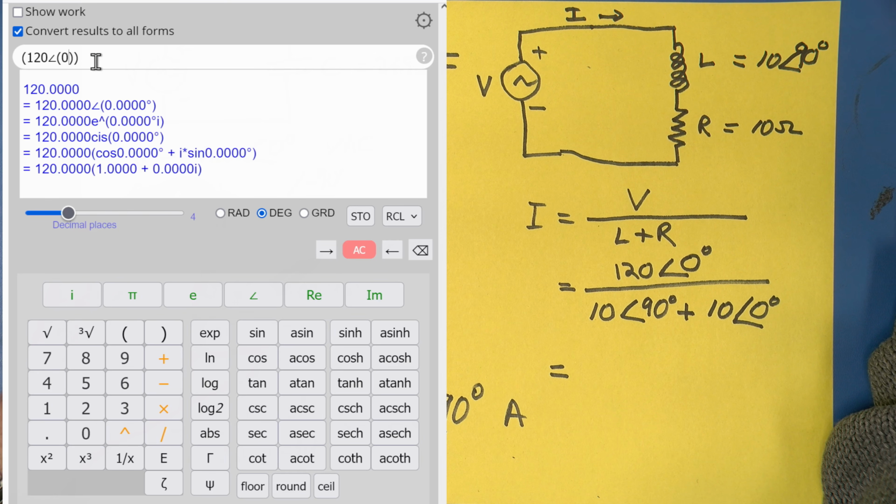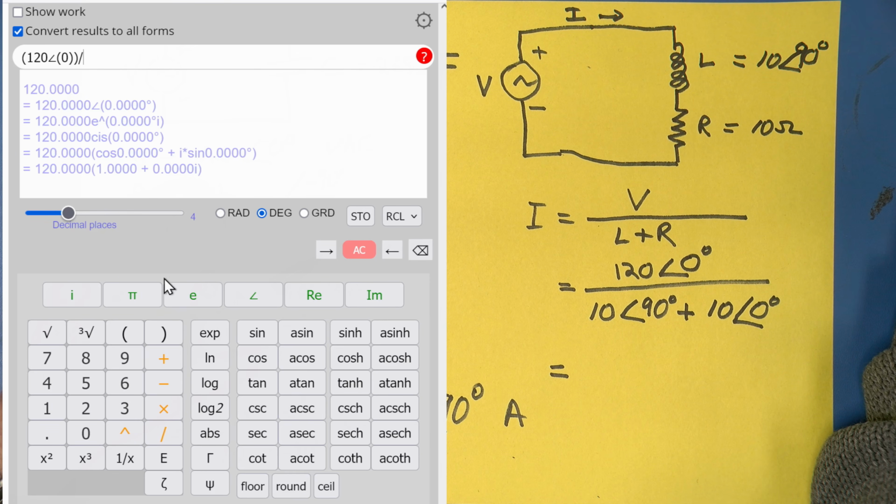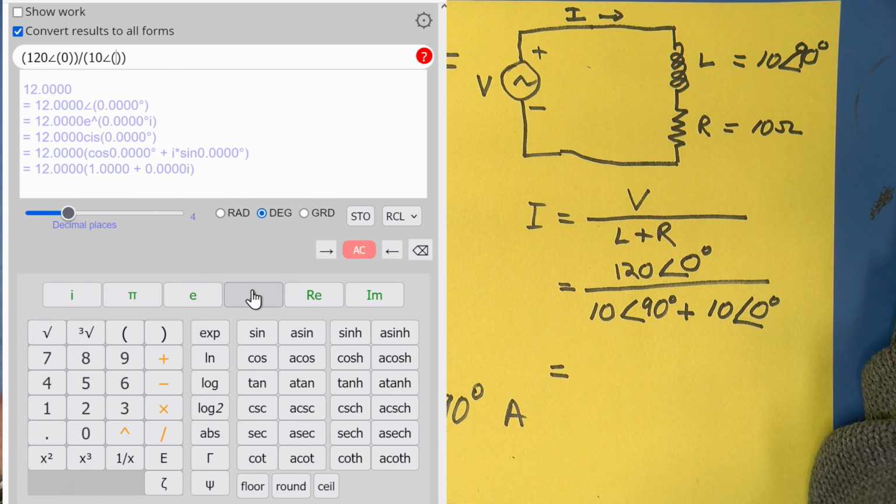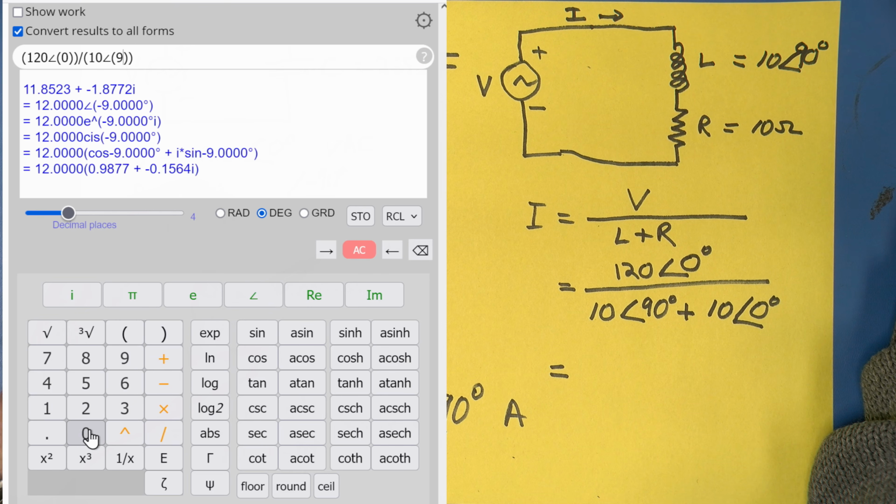If you don't have these brackets there, it doesn't work, as I found out a while ago. So anyway, we're going to take that and divide it by, and I'm going to put in another pair of brackets just to make sure we are dividing by everything over here. And the first number we have is 10 at an angle of 90.